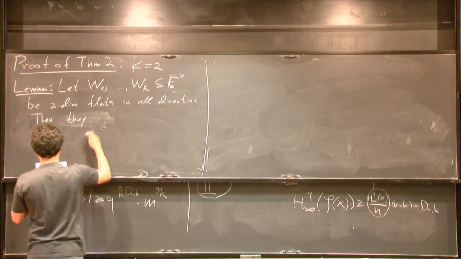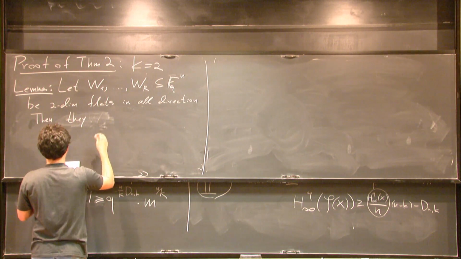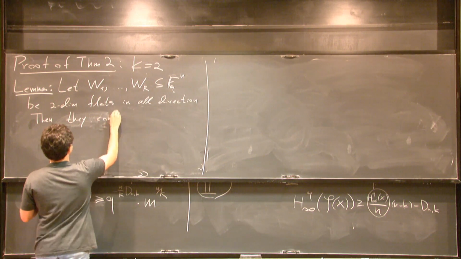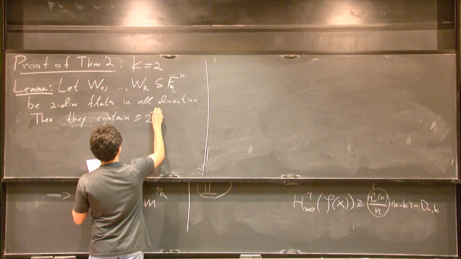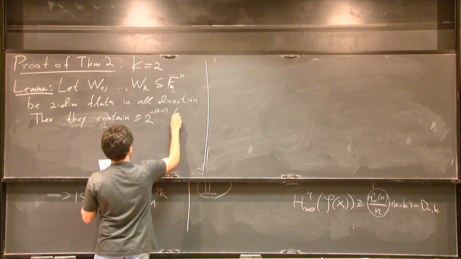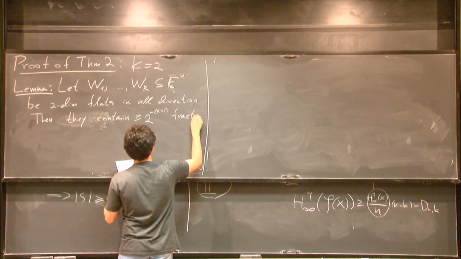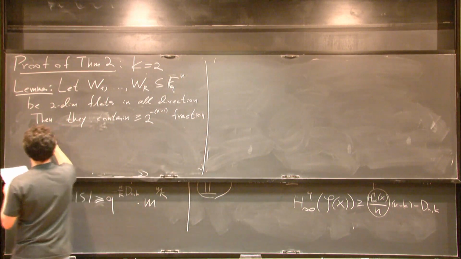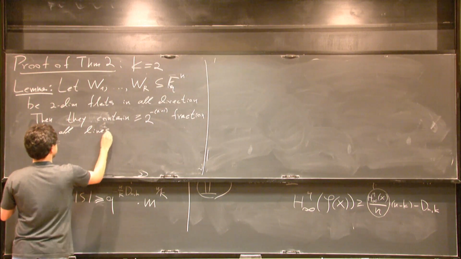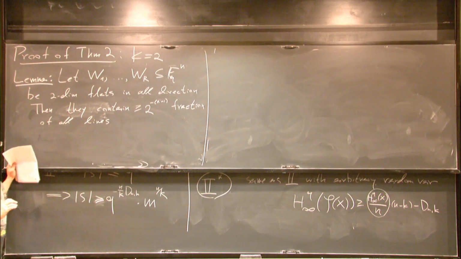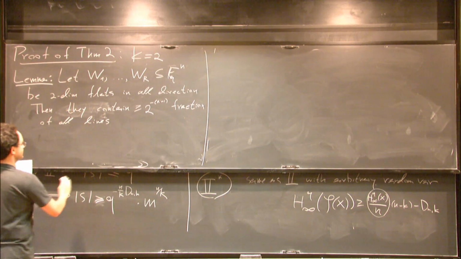Together, you get a constant fraction, a big fraction of the lines. And they contain a 2 to the minus n minus 1 fraction of all lines. So I'll draw this as a picture with a simplicial complex explanation.